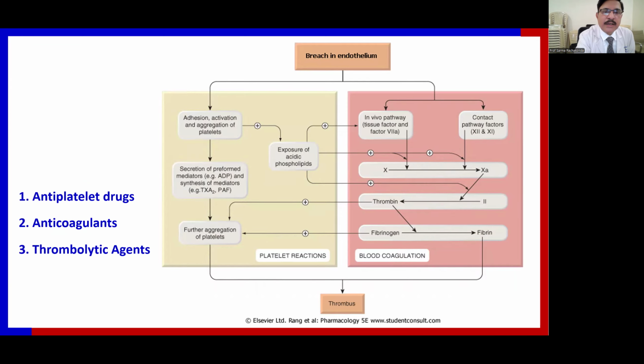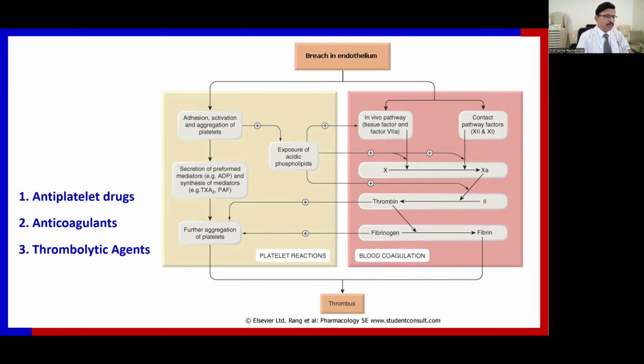So activation means it produces mediators which are ADP, thromboxane A2 and the platelet activating factor. Then what does it do? It calls more platelets. That is called further aggregation of the platelets.